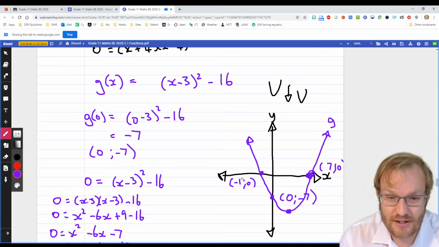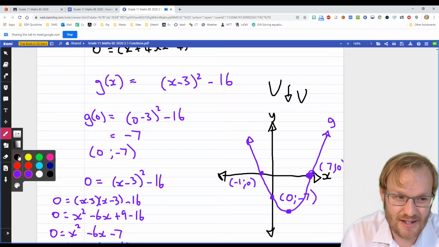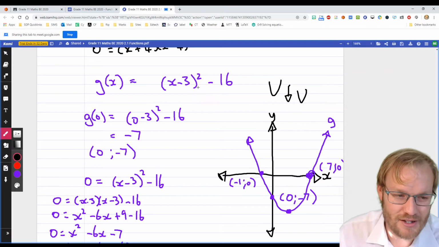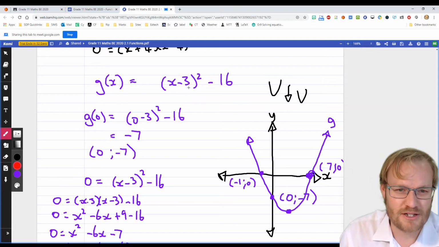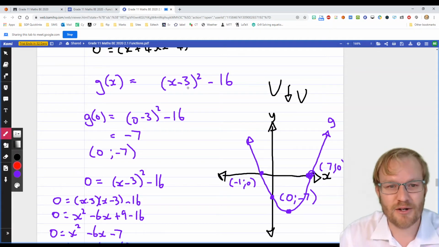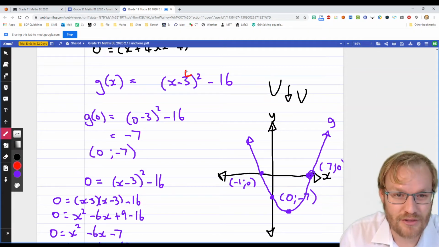Notice that it was negative 4, and now this intercept is at negative 1. This intercept was at 4, and now it's at 7. So all this does, and kind of a way to think of it, is to go, well, it says negative 3, and so it sort of does the opposite of what you would expect. It doesn't move it left by 3, but it moves it right by 3. So here's your translation. Here's your shift.